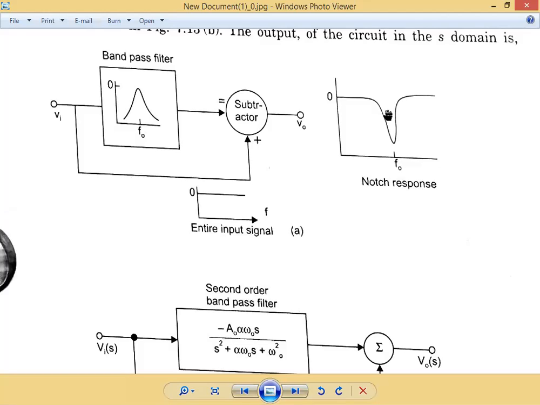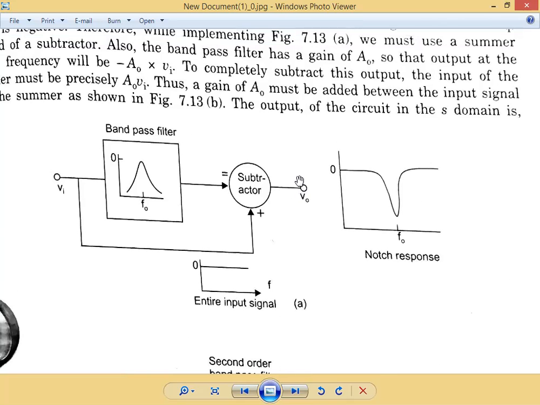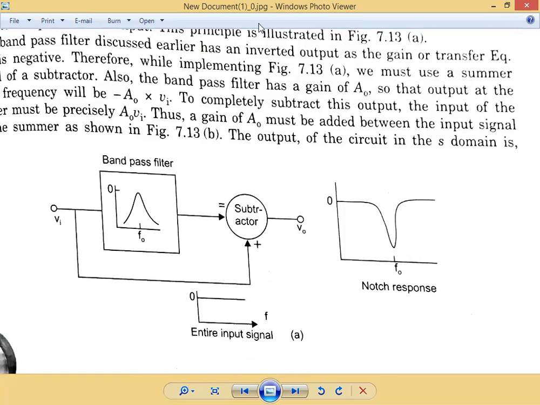We have also observed different orders of filters, that is, first order filter and its response, second order filter and its response, and higher order filters. How to construct the higher order filters we have also observed.